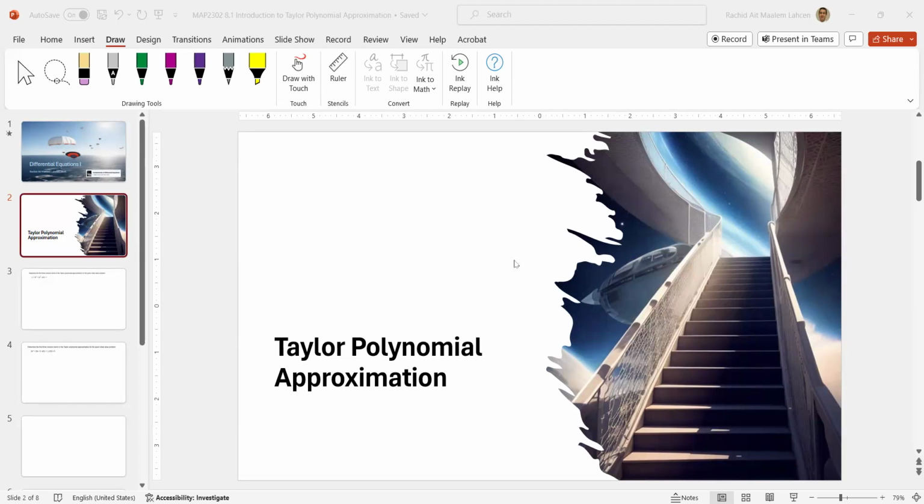The initial conditions will be built in, so it'll be an initial value problem. And I'll show you two examples that show the method behind using this Taylor polynomial approximation to solve this initial value problem. So let's do the first one.